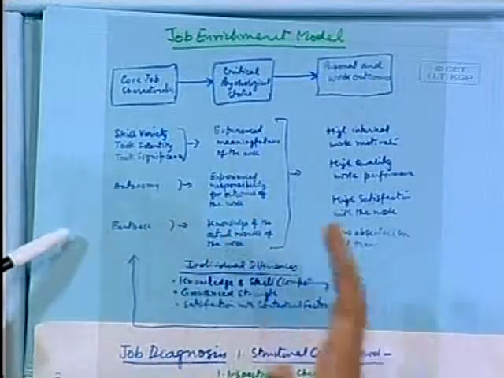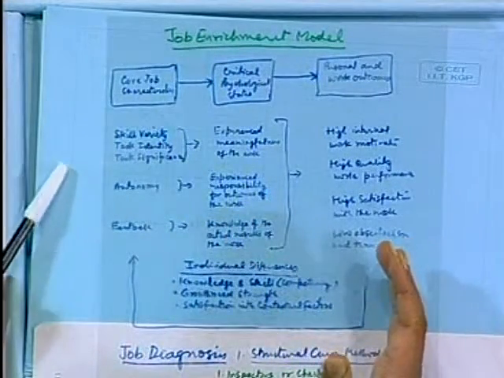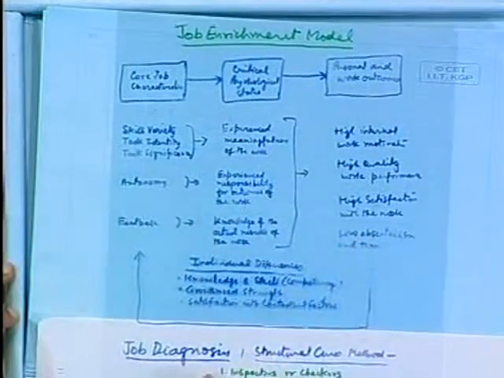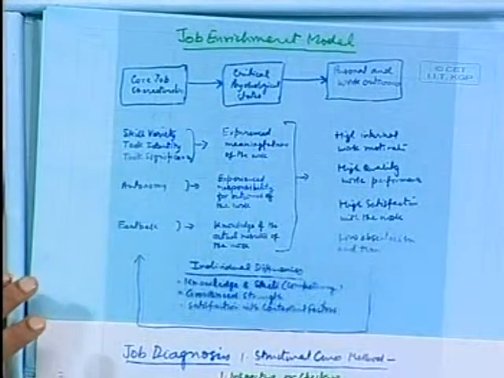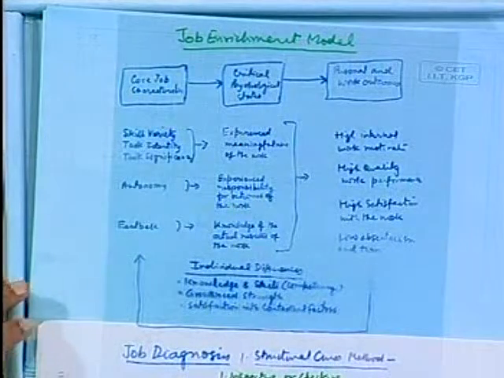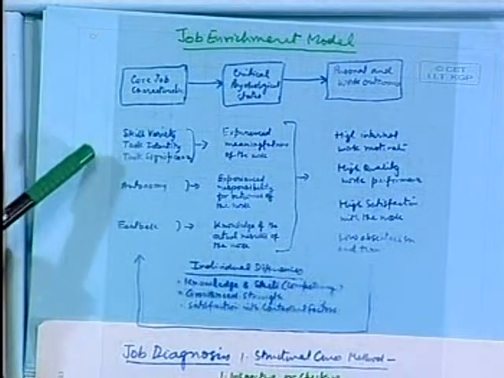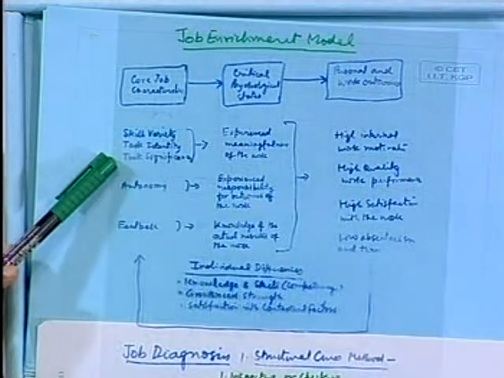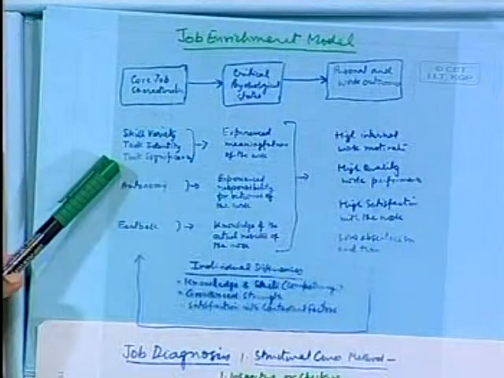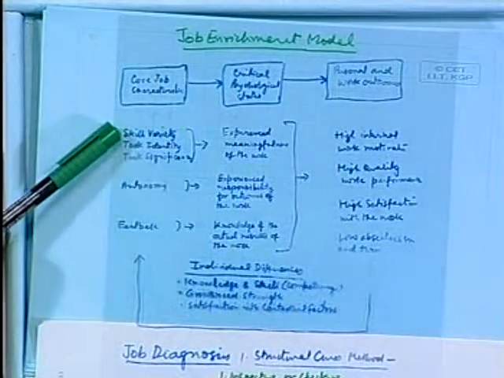And if that is so, it would result in higher satisfaction, better quality product and things like that. Now if you look at this job enrichment model, you will find that these characteristics, especially skill variety, task identity and task significance, need to be increased, isn't it? So if you look at the definition of skill variety, what does it mean? What is skill variety?